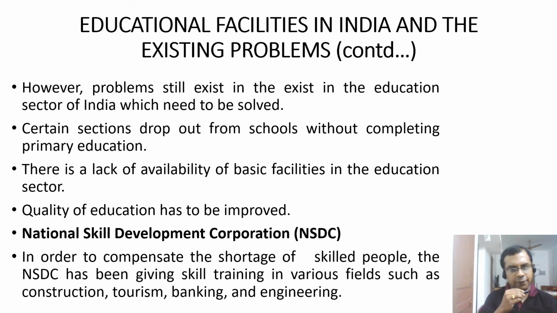There is a lack of availability of basic facilities in the education sector. The quality of education again has to be improved. NSDC, or the National Skill Development Corporation, has been formed in order to compensate for the shortage of skilled people, and it gives skill training in various fields like construction, tourism, banking, and engineering.